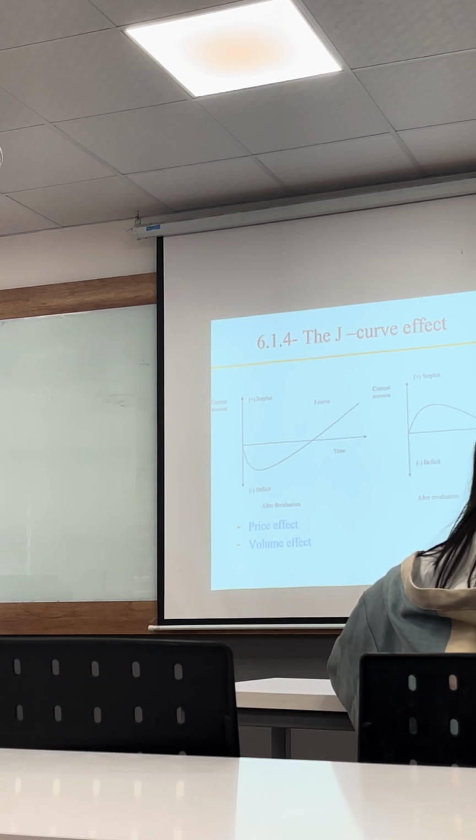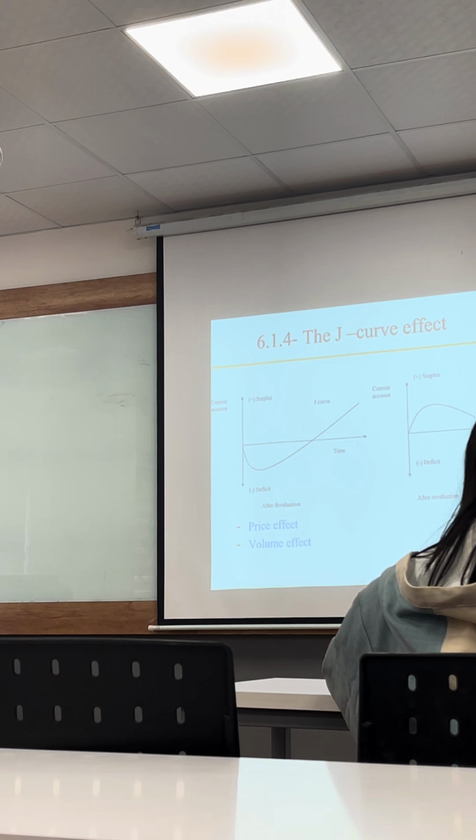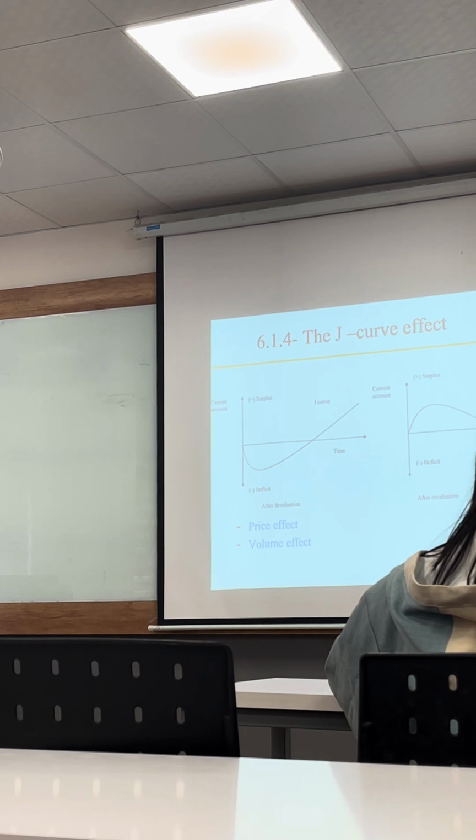They see that the price of exports is very cheap, so they order more. And when they order more, the volume will increase, and with the bigger volume, the value of exports will be larger.